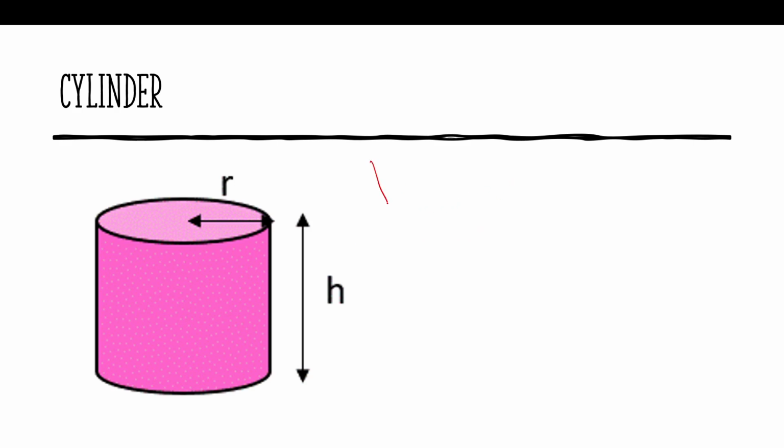So, ganun lang din ang mangyayari. Kailangan lang din nating alamin yung formula ng area ng circle, which is may kinalaman kay pi. So, we have pi r squared, and then meron tayong height.